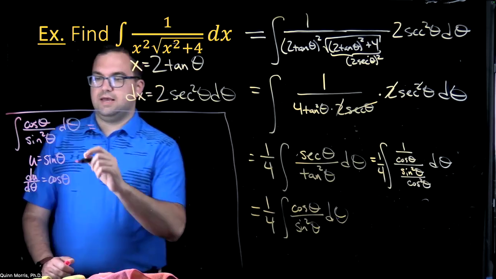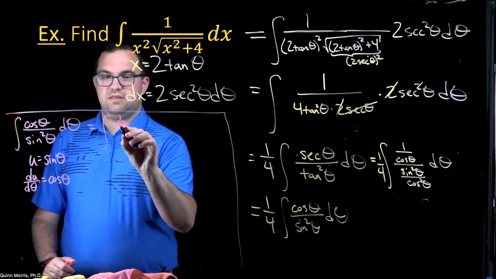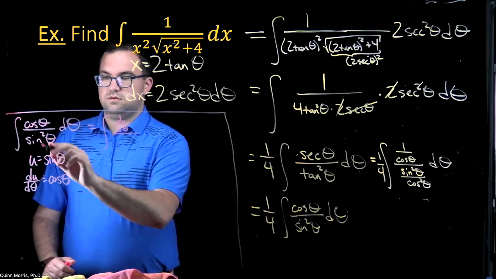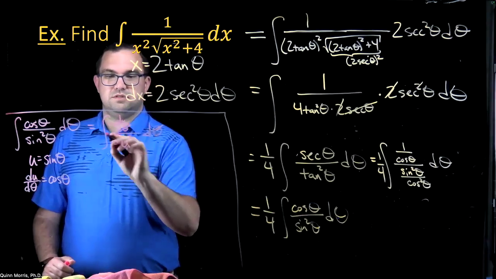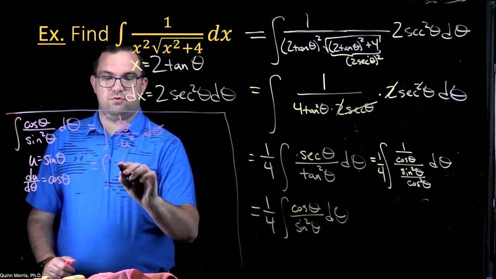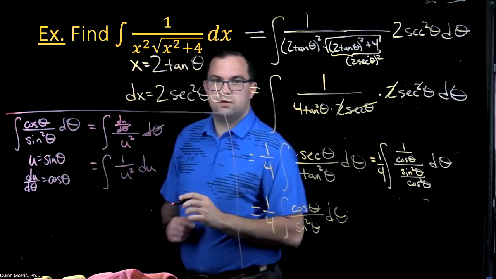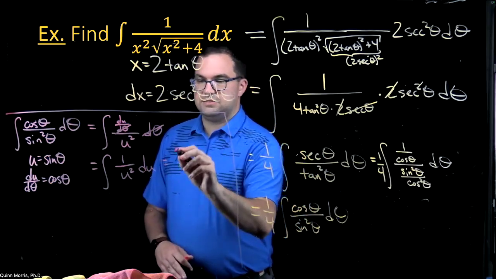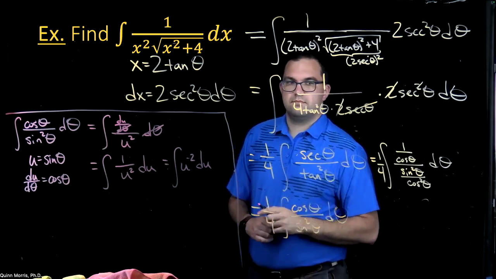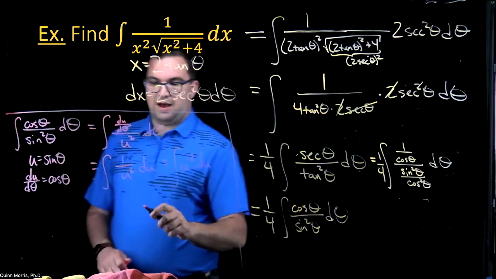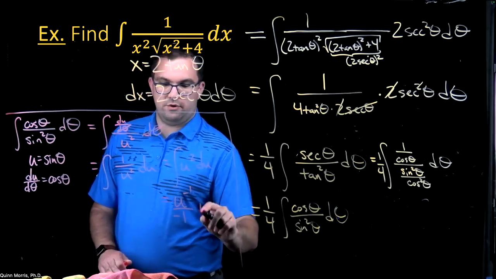Now substituting in, cosine of theta d theta is du, and sine squared theta is now u squared. I end up with the integral of 1 over u squared du, or written another way, the integral of u to the minus 2 du. And so I can just use the power rule here. I'm going to increase the power by 1 and divide by the new power.